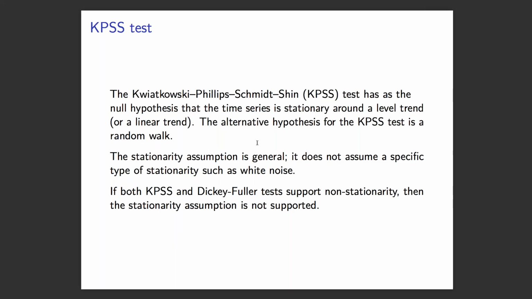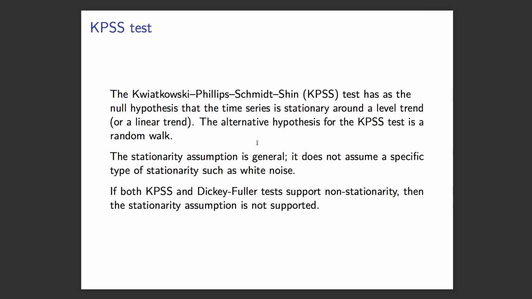Let's look at the next test that you're going to hear about. It's the KPSS test. In this one, the null hypothesis is that the time series is stationary. So this one, you don't want to reject the null. You want to accept the null. This is what I was saying, when you apply these different tests, you're going to wonder which one is it? This one's nice in that the stationary assumption is general.